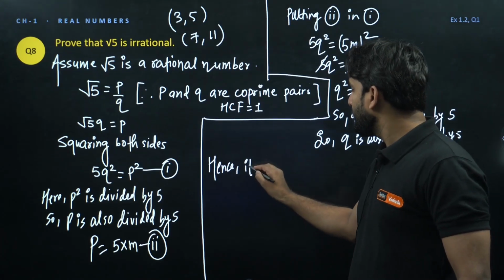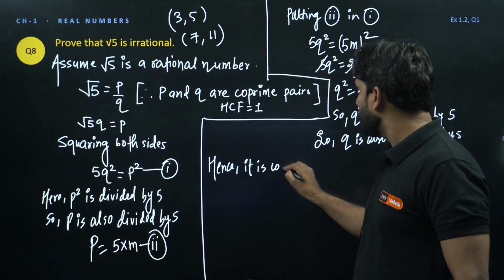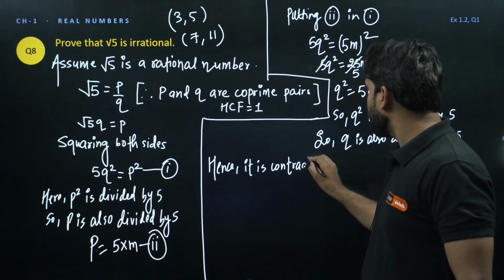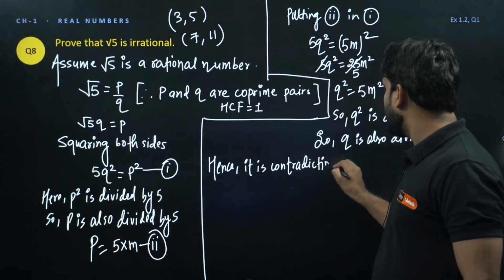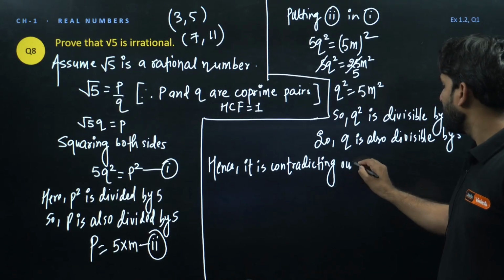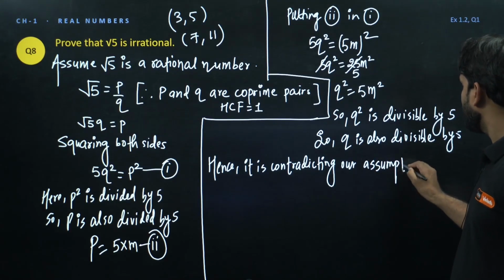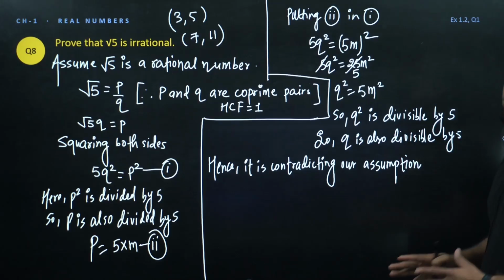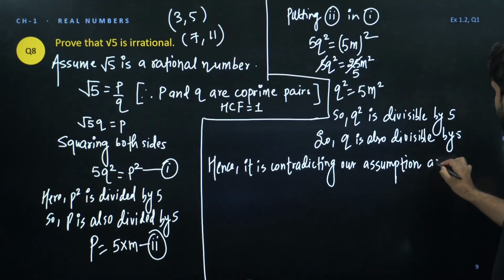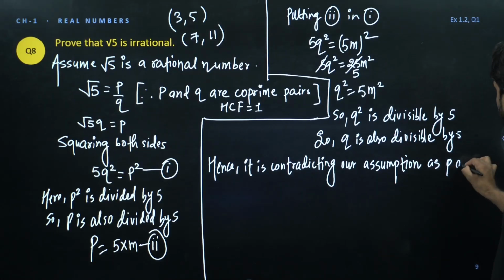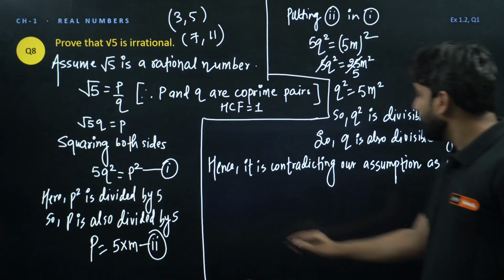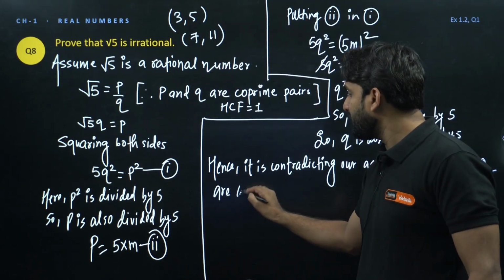Hence it is contradicting what? Our assumption. It is contradicting our assumption as P and Q are what type of numbers?